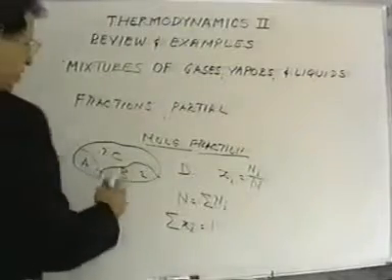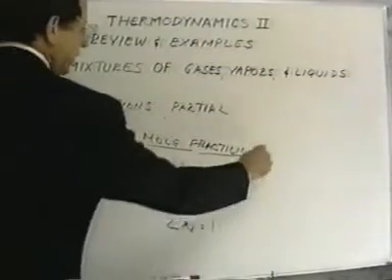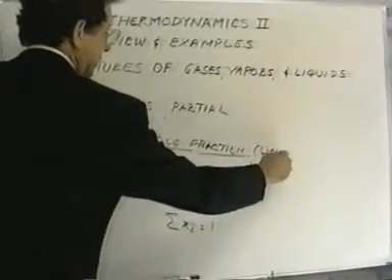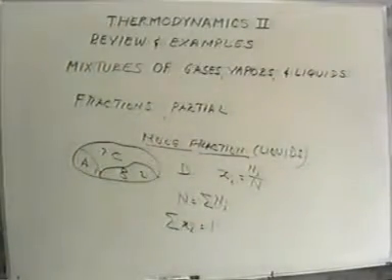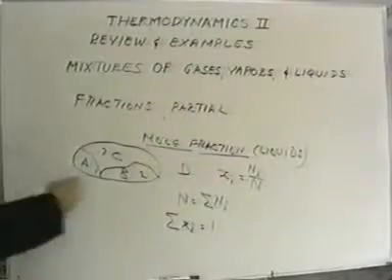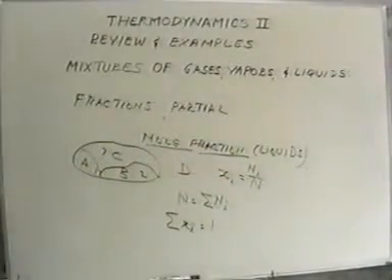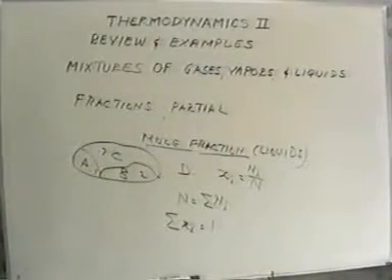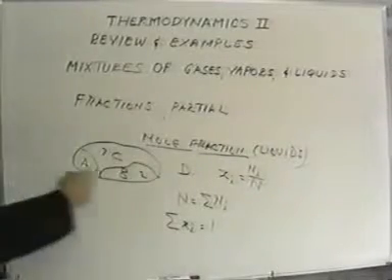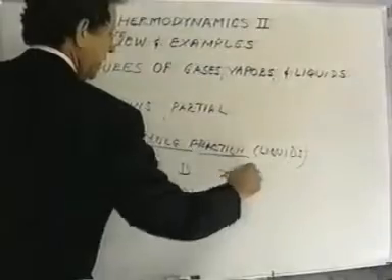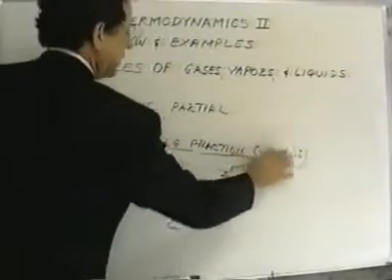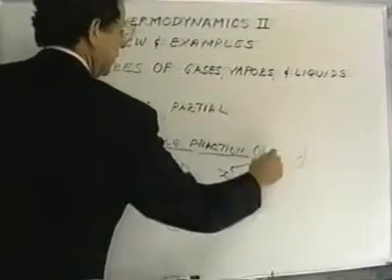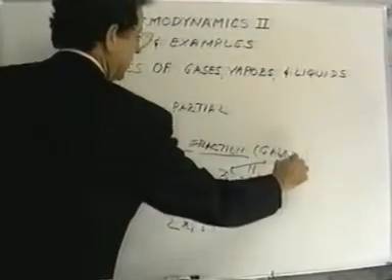Now, this discussion usually involves dealing with liquids. When we talk about gas instead of a liquid, we usually will talk about the mole fraction and use a different symbol. So while we use X for liquids, when we start talking about gases, let me just erase this and write the word gases in here.